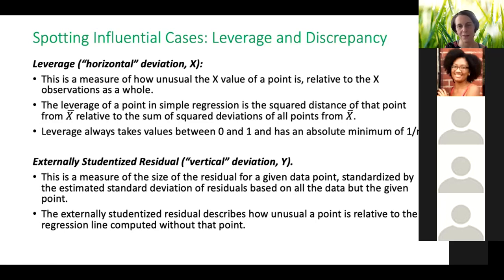In R, it's rstandard versus rstudent for the two, but it's not 100% correct. It's a little bit misleading because with standardized you think of a Z transformation, which is similar, but not exactly what you're doing here.